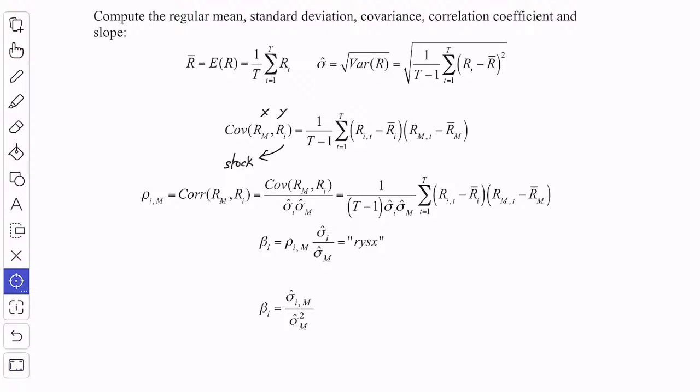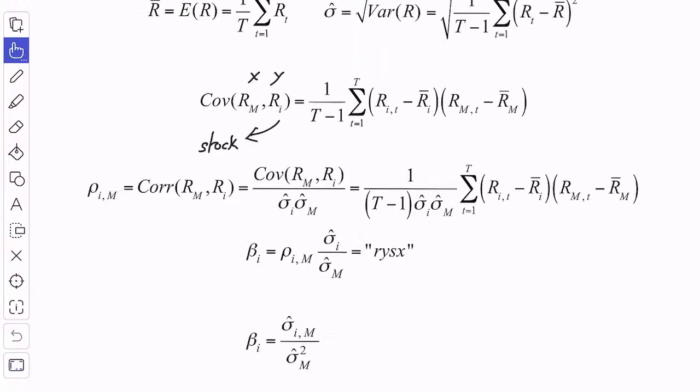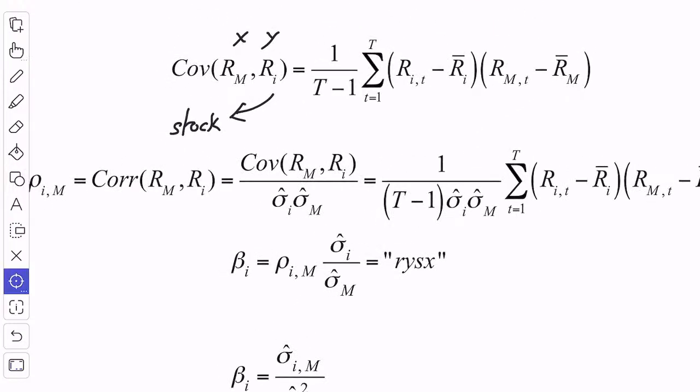And then in the end, you end up with the beta, and the beta is written as, again, the risk: r, which is the correlation, now using i and m. I put the Y standard deviation at the top and the X standard deviation on the bottom. So the vertical variable standard deviation here and the horizontal variable standard deviation here.